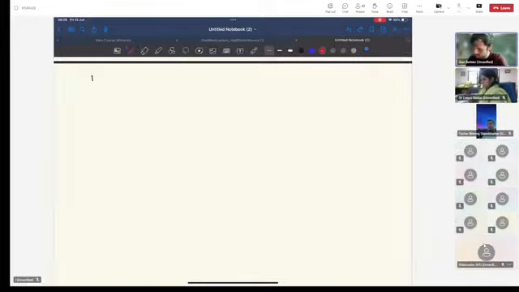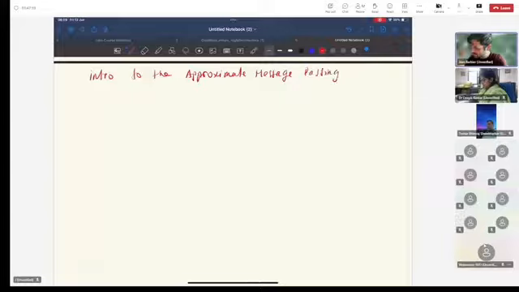So let's say, introduction to the approximate message passing algorithm, and also doing so I will introduce another connected algorithm which is called belief propagation.